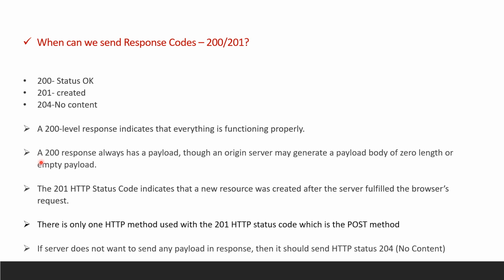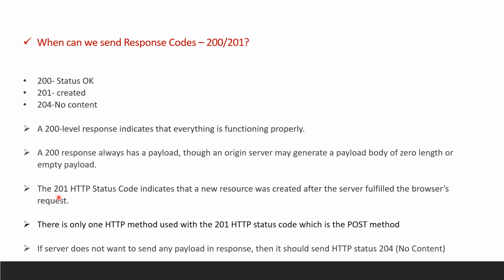Then a 200 response always has a payload. Though an origin server may generate a payload body of zero length, or an empty payload, whatever the origin server generates, it will display to us. So it will always have a payload with the 200 response.